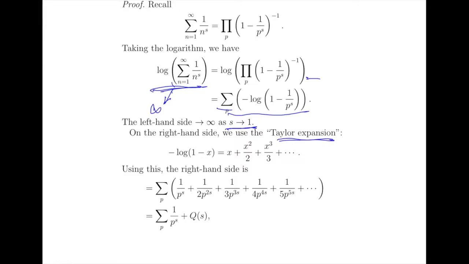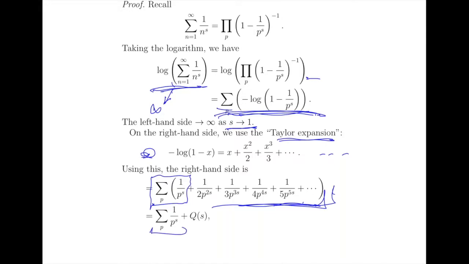It is known that minus log of (1 minus x) can be expanded as x plus x squared over 2 plus x cubed over 3 plus, etc. By inserting this expansion into the right-hand side, we now know that the right-hand side is equal to this expression. Then we take out this first part, which is the summation over p of 1 over p to the s, and the remaining part.